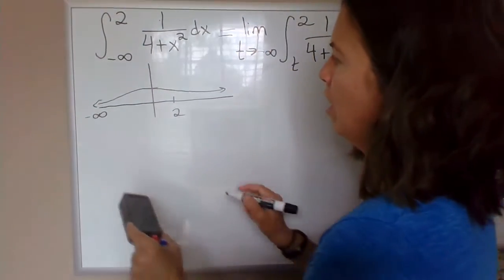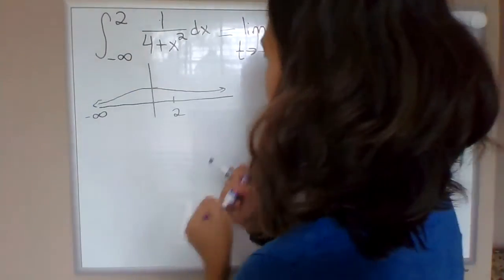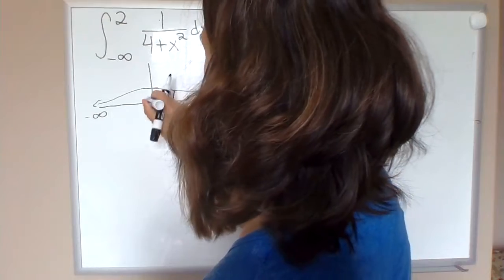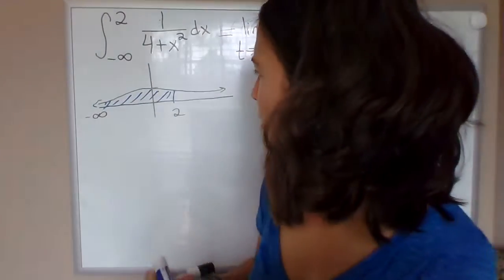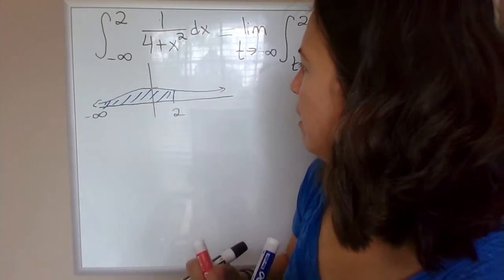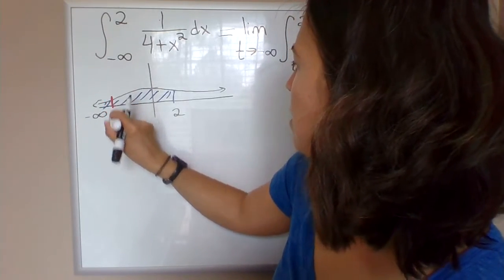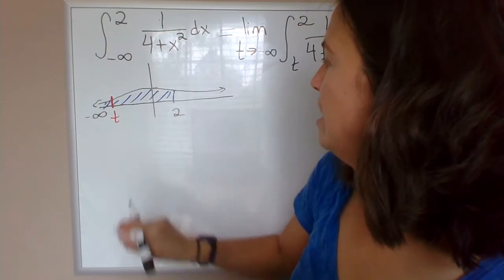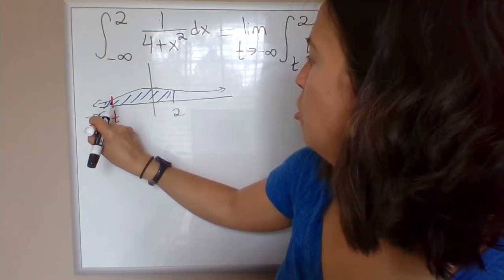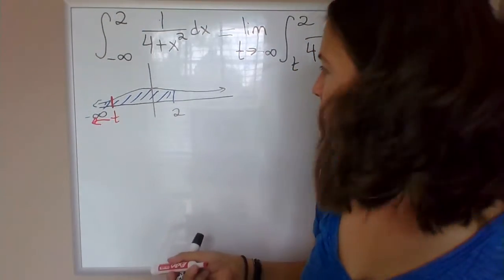And so if we're trying to integrate this thing from negative infinity to 2, well, that's an unbounded region. The integral would represent the area of that region. So instead, I can't look at that area, but if we set up a boundary here and call it t, and then allow t to approach negative infinity, then we're dealing with finite area.